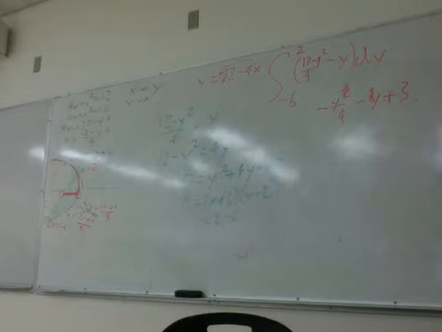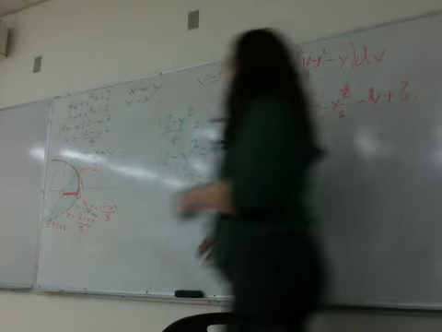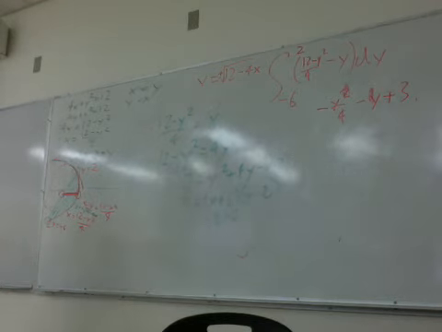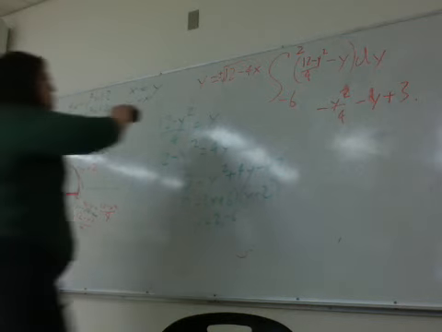So last example for this section: x equals y to the 4th and y equals square root of 2 minus x.